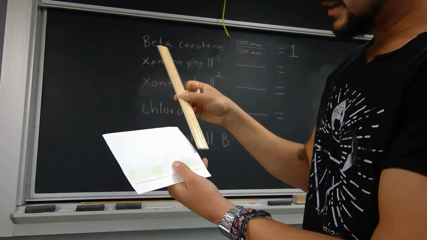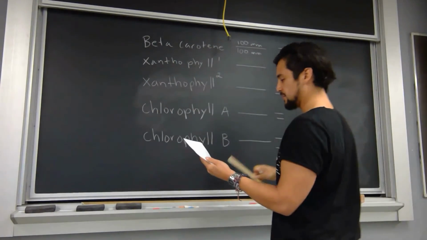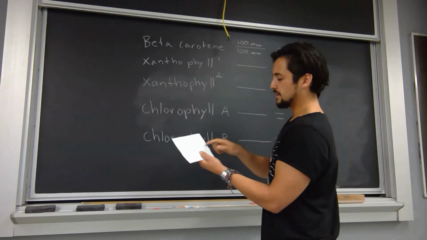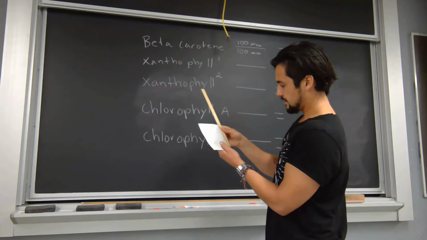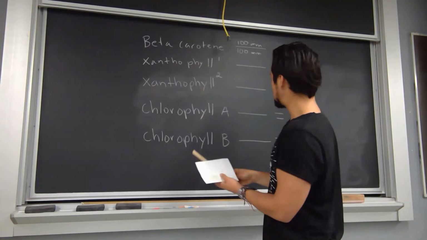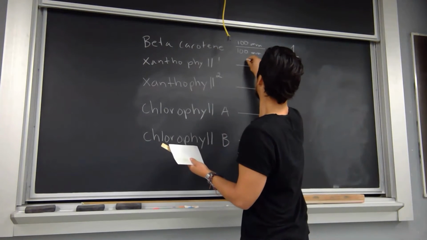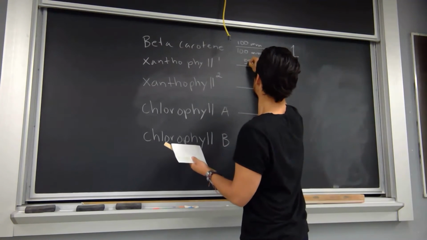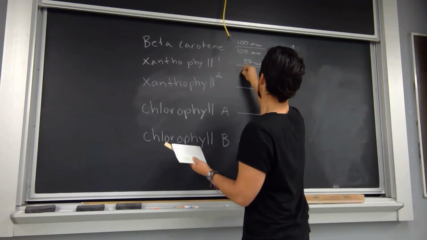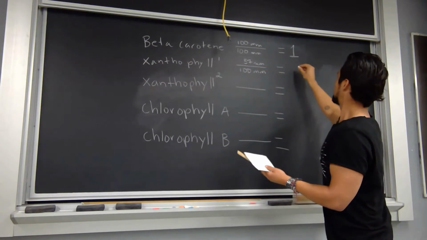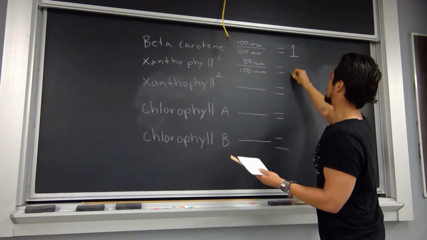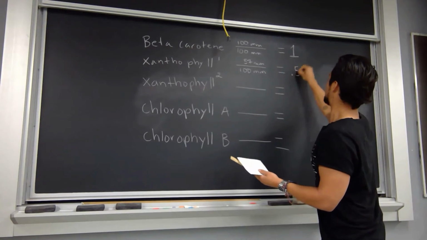The next down is xanthophyll, the first xanthophyll line that we found. That line is about 57 millimeters. So it's going to be 57 millimeters over 100 millimeters. It's going to be an RF value of 0.57.